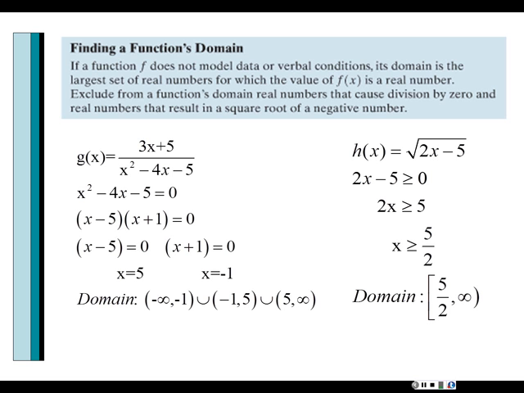So for an example, look at this function here. So all we are doing is, let's say, if a function does not model some data or verbal conditions, its domain is the largest set of real numbers for which f of x is a real number, right?